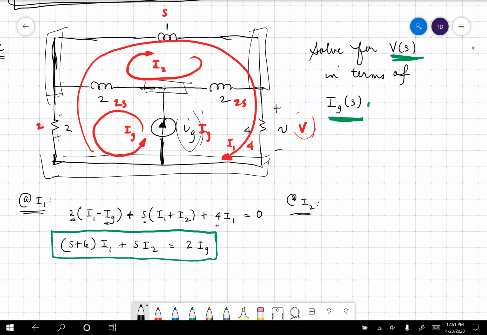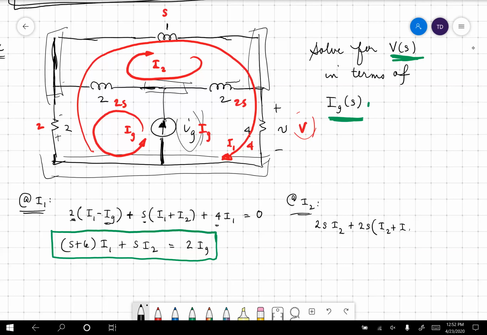Let's go to I2. I2 is the upper loop. Starting in the middle, right here, it's 2S times I2. And it's another plus 2S, but it's not times I2. It's times I2 plus IG, correct?